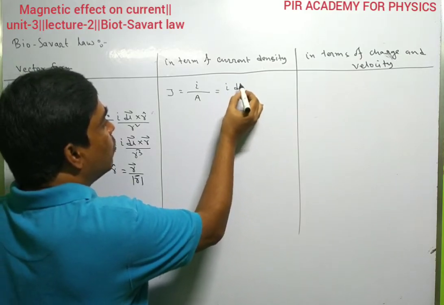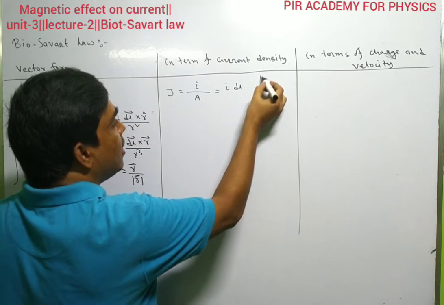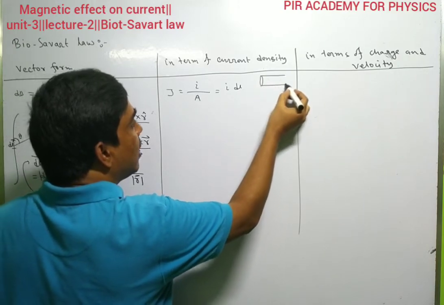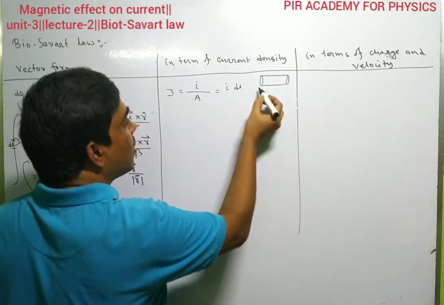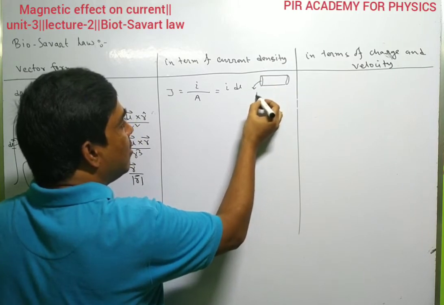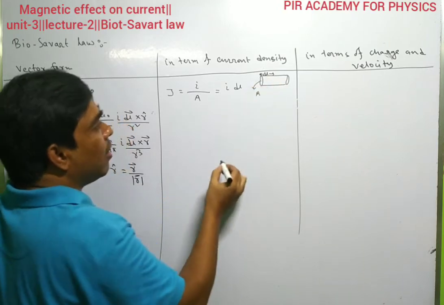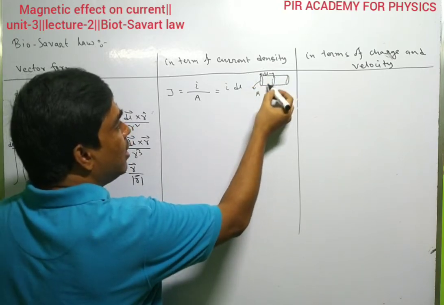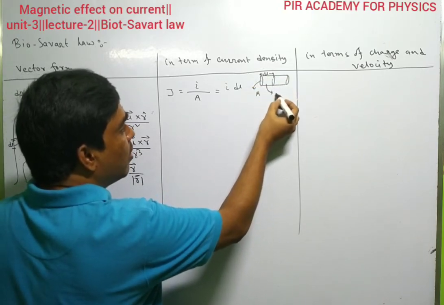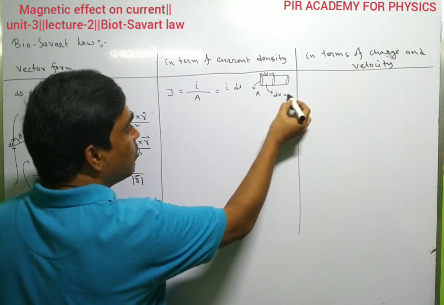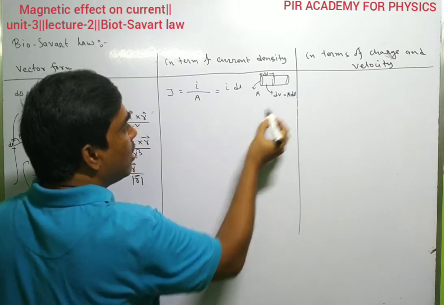Suppose this is the current carrying wire, and this area is A. If I take a small distance dl, the volume will be dV equals A into dl.